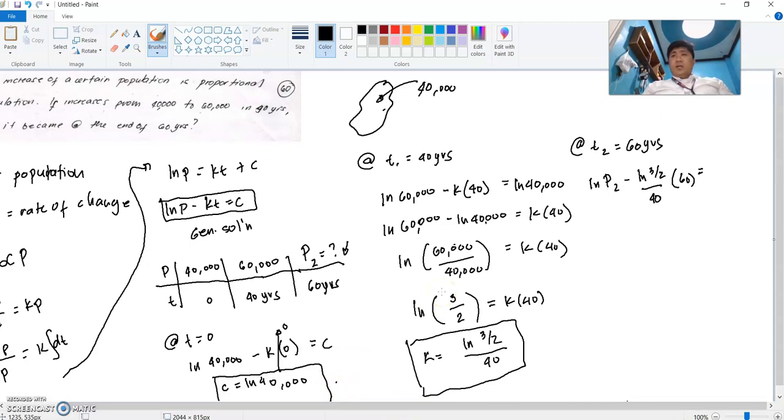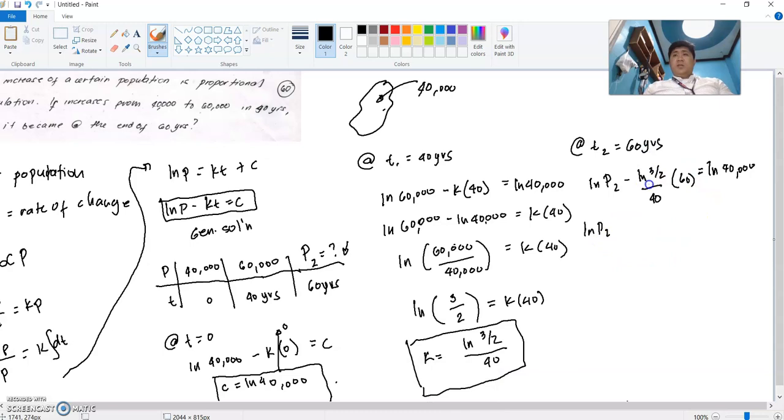So our C here is ln 40,000. So now we have ln p sub 2. We have here 60 divided by 40, that is 3 halves again, right?